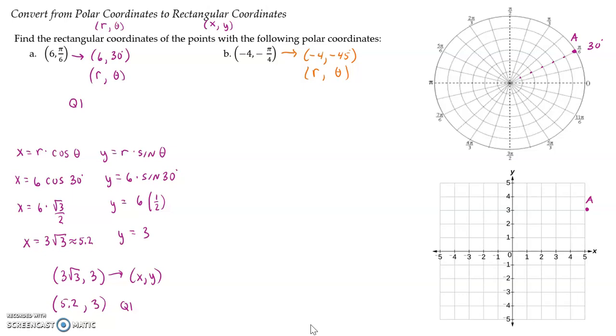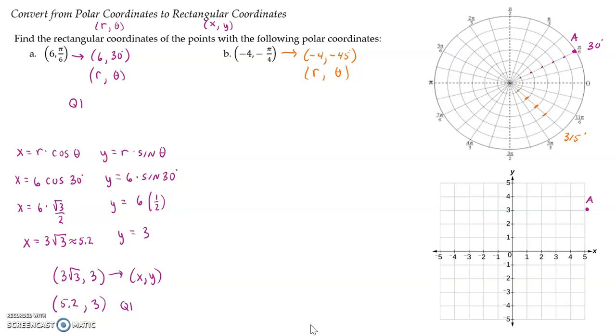So let's plot our point first. Keep in mind we're going to be coming down 45 degrees, so we're going to end up at this 315 degree mark. And I want to come out a total of 4 radii lengths. There's 1, 2, 3, 4.